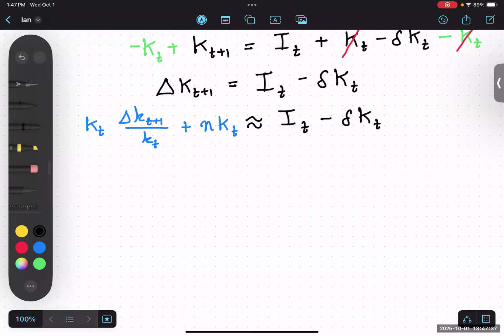Which means that if I rewrite every element of this approximation, what we have is that kt over nt times delta kt plus 1 over kt. I hope you see the difference between my uppercase and my lowercase letters.